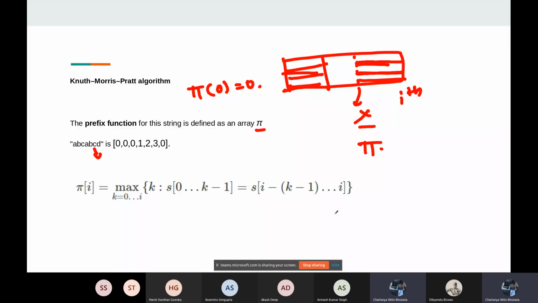Suppose we are given a string and we need to calculate the value of pi at the fourth position. The value of pi here is 3 because abc here and abc here match. Is the prefix function clear, anyone?